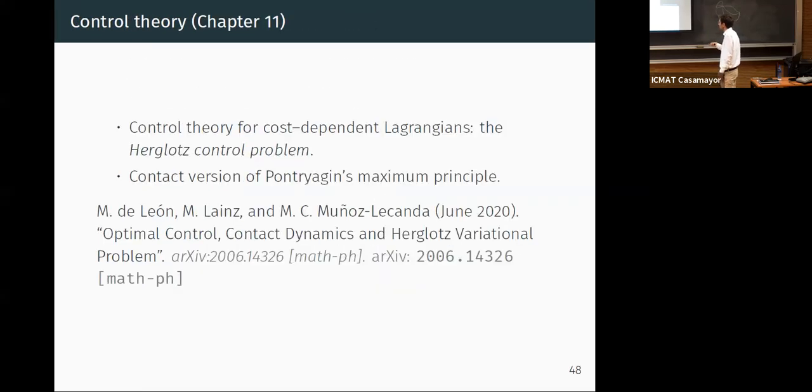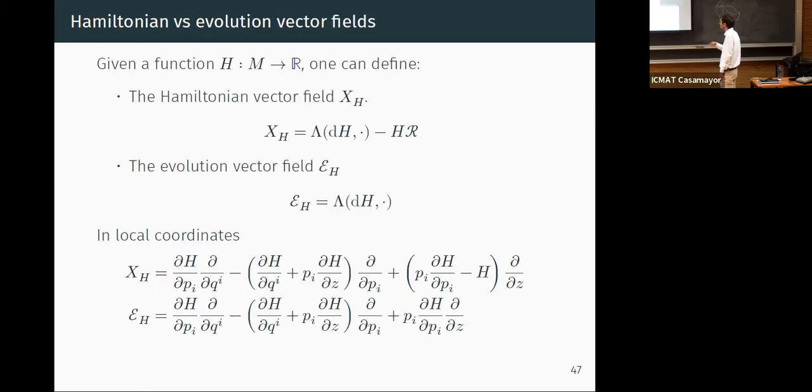I wouldn't know what to say, like why the Lagrangian depends on the action, because both the Lagrangian and the action are quantities that are not measurable. They have a very hard physical interpretation. It's not something that you can measure in the lab, basically.